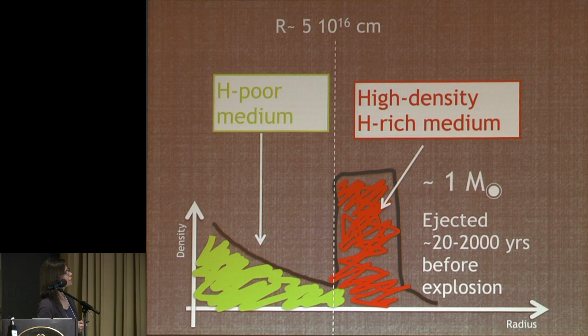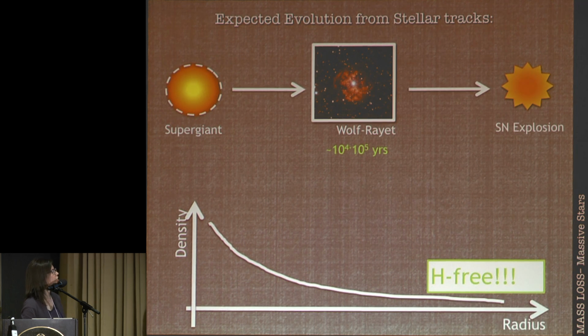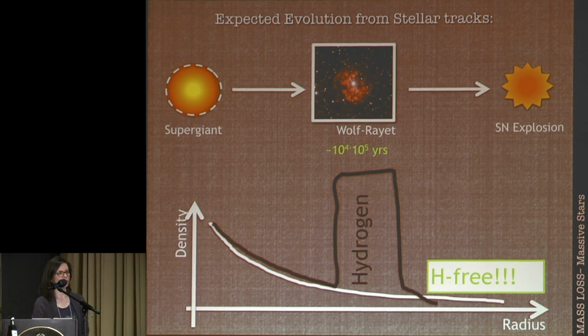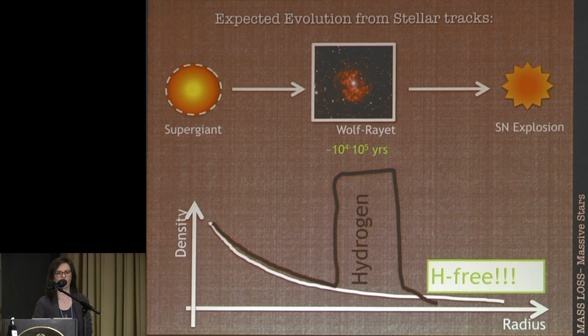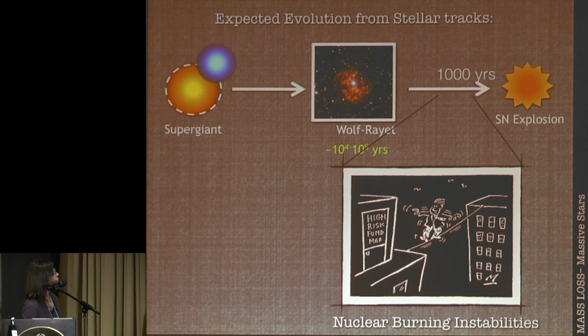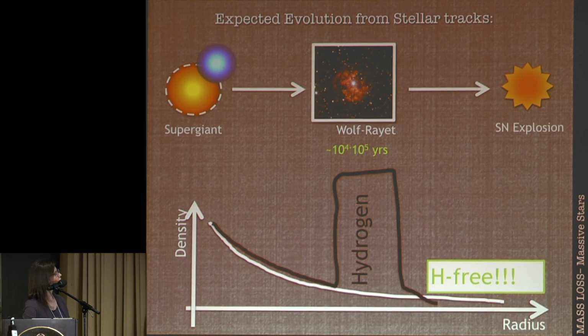And here is where things start to get interesting. We have to explain why, instead of having something like this, which is a very simplified picture, we have something like that. So what put there that wall of hydrogen? What's the physics behind it? We have been hearing today a lot about binaries, and I believe that one of the possibilities is that instead of having a single massive star, we do have a binary companion.